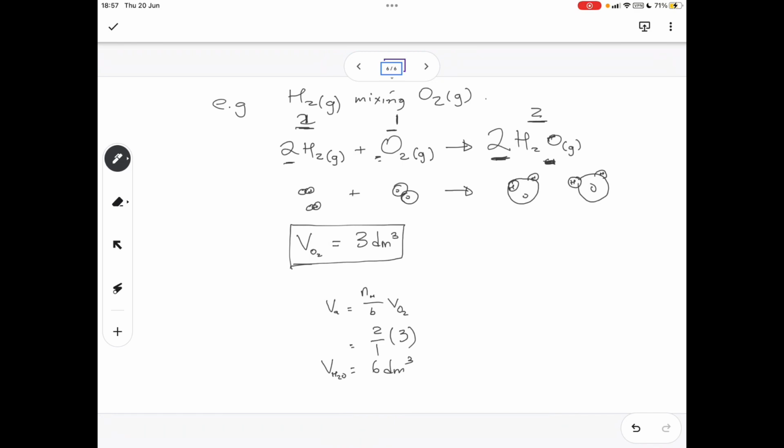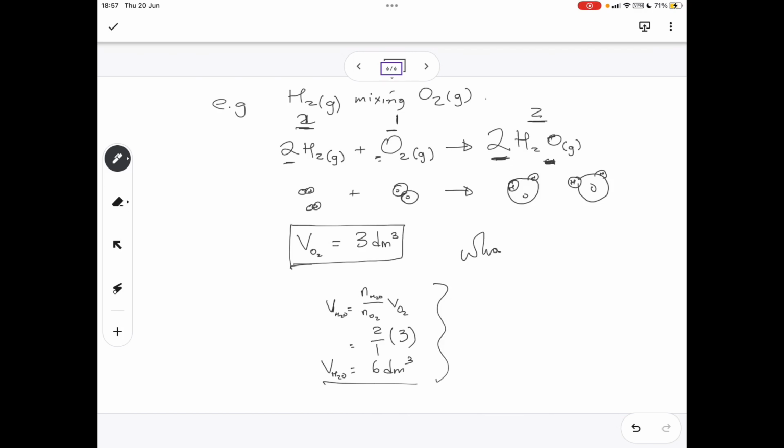I'll make this the coefficient of O2, such that this is going to give us the volume of H2O. All right, so we've got 6 dm cubed as our answer.